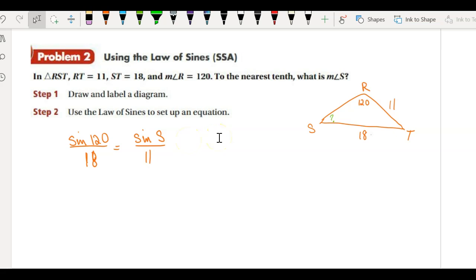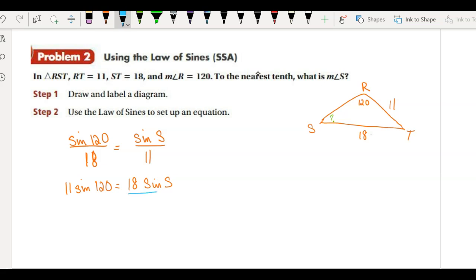So let's see. I'm going to cross multiply. So I have 11 sine of 120 is equal to 18 times the sine of S. So this is what I'm looking for.